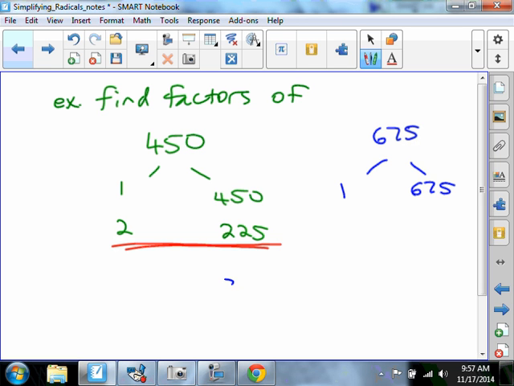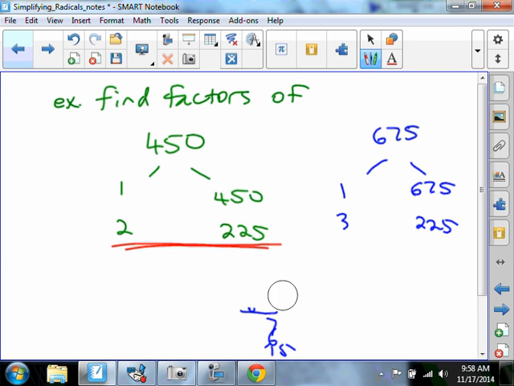Hold on a minute. 3 into 675. That's 2. That's 6. Bring down the 7. That's 2. That's 6. That's 1. It's actually 225. Okay. Well, let's try another one.